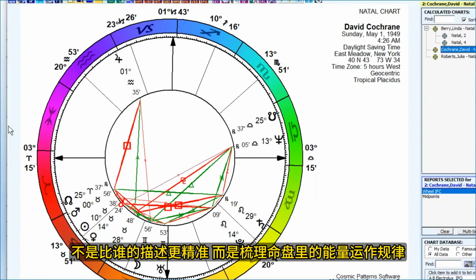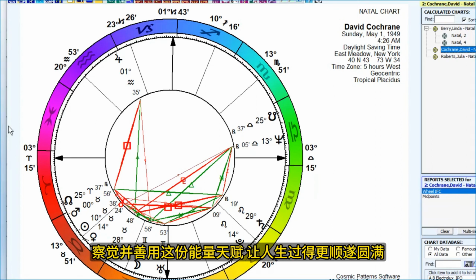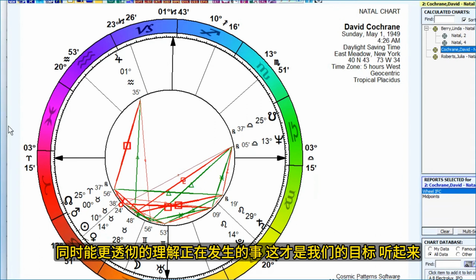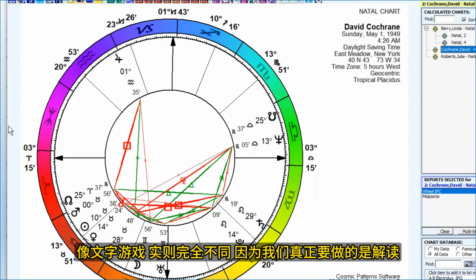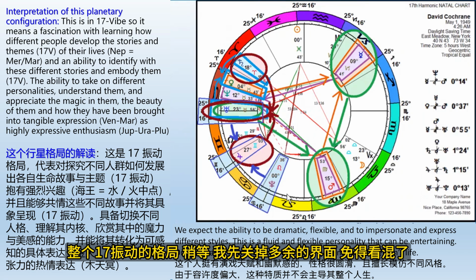What we're doing is finding energy dynamics that you can become aware of and use to be more successful in your life, more fulfilled, and have a better understanding of what's going on. That might sound like semantics, but it's different, because what's happening here is that we can look at this configuration and this 17 vibration configuration.